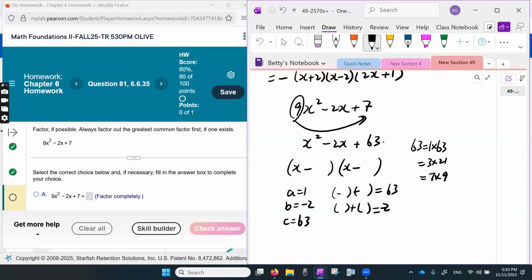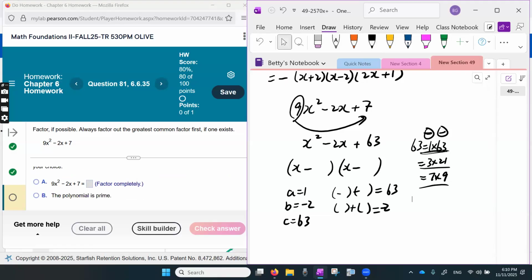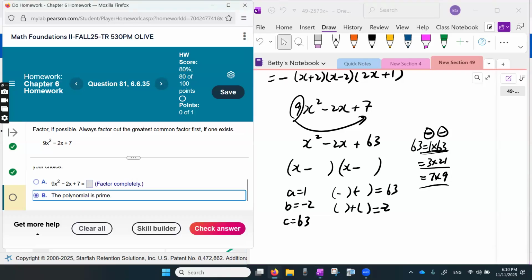Both of them negative. So it's very important to double check each step. Do not skip steps. None of them add up to -2. They add up to -64, -24, -16. So it's not factorable.